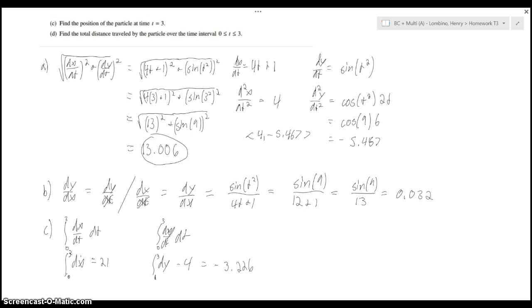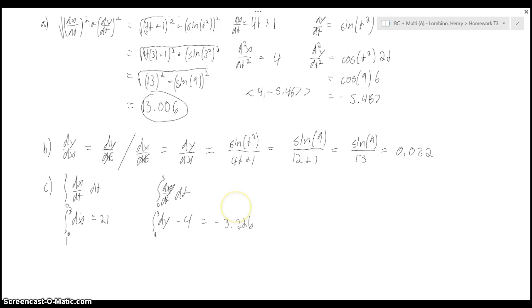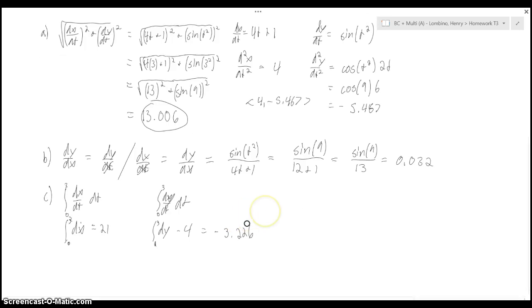Well, to find distance, we could use the integral of speed. And very fortunately, we already found speed in A as the square root of (dx/dt) squared plus (dy/dt) squared. So let's write that out.